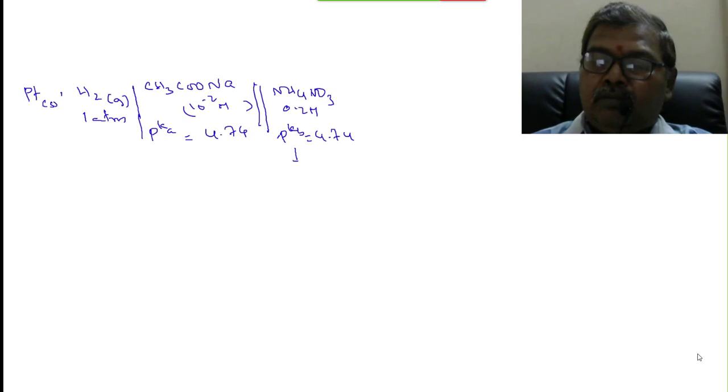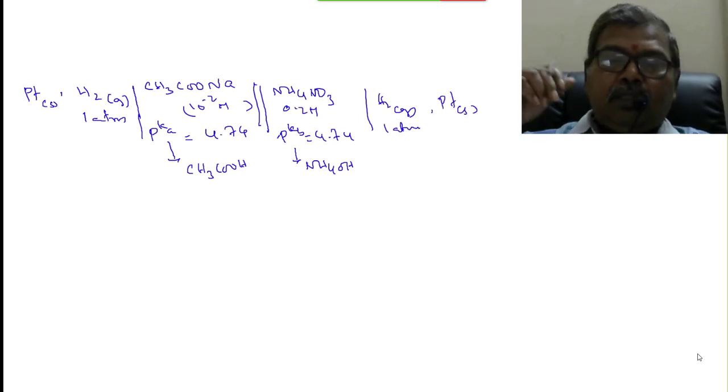This is ammonia pKb and this is acetic acid pKa. Hydrogen gas, 1 atmosphere pressure, platinum solid. So this is the representation of the cell given.